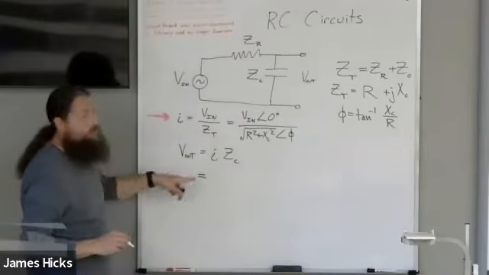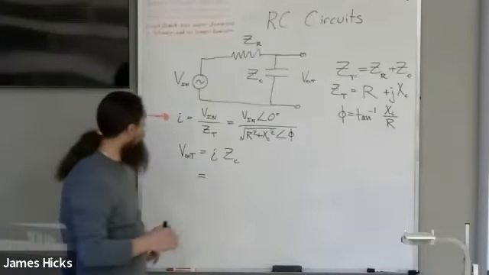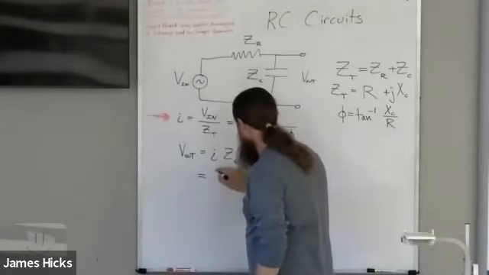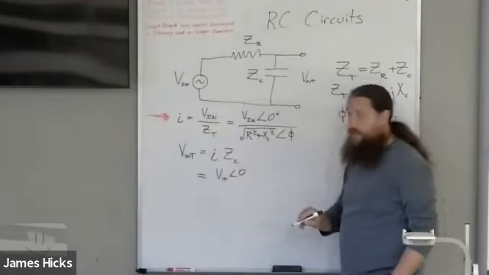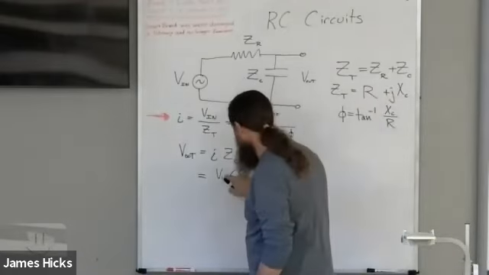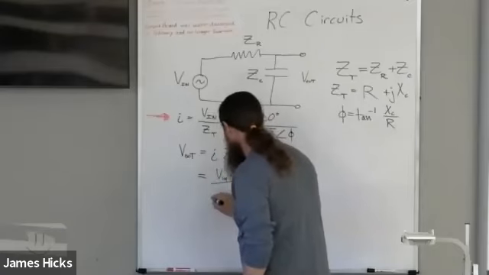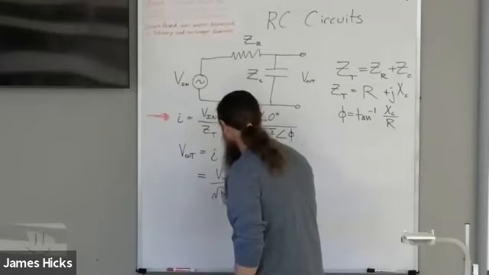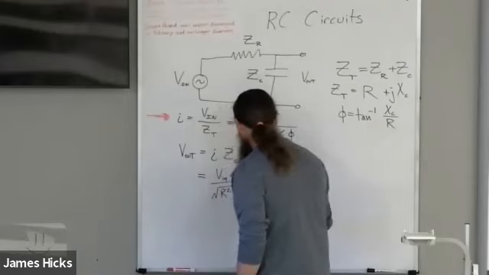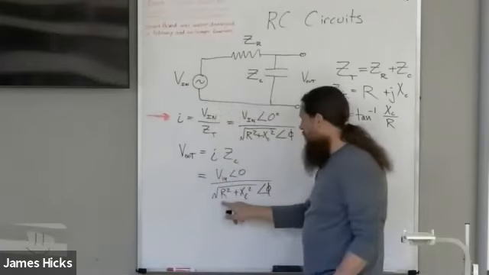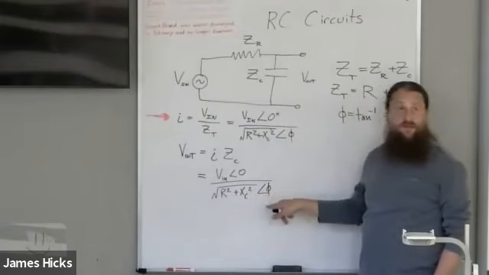So we have almost all of this now. Putting together the total current is V in at 0 degrees over the square root of R squared plus XC squared, and that's at a phase angle of phi.